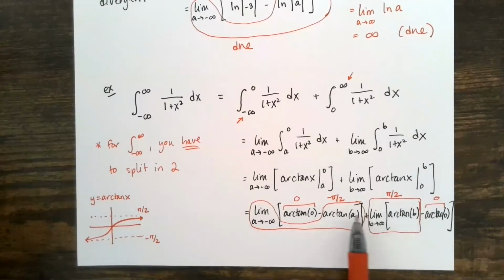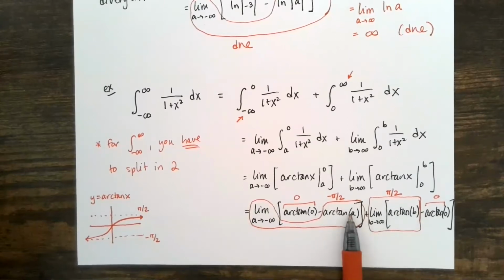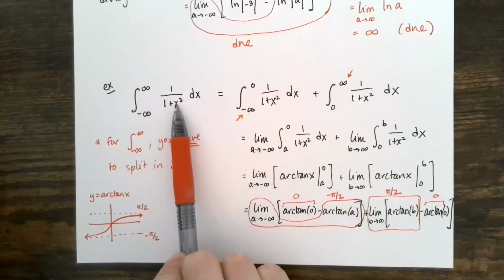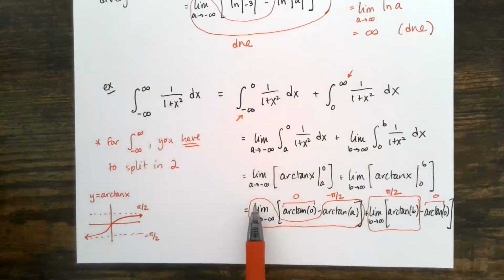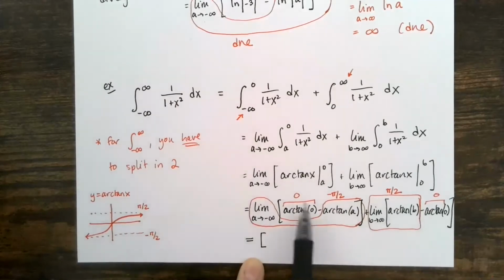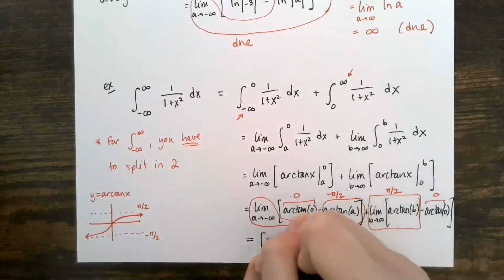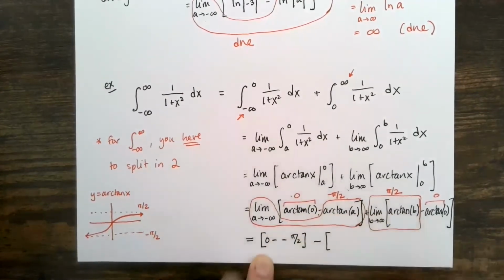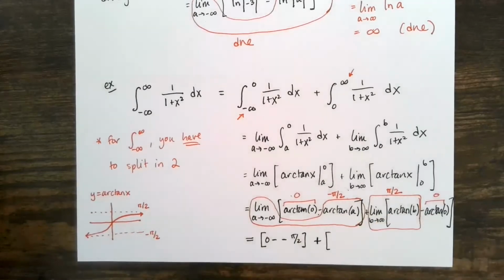All right, so because both of these limits existed, I can tell right away that this integral is convergent. And to get its exact value, which I now need, I'll just add up all my stuff. So over here we have 0 minus negative pi over 2. Oh, no, we were adding, sorry.